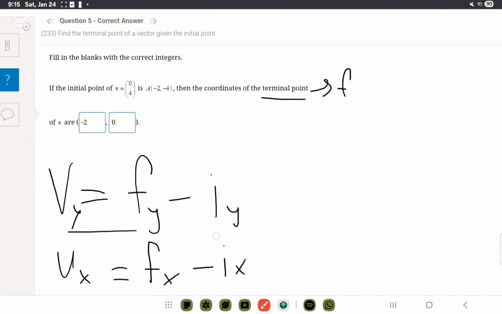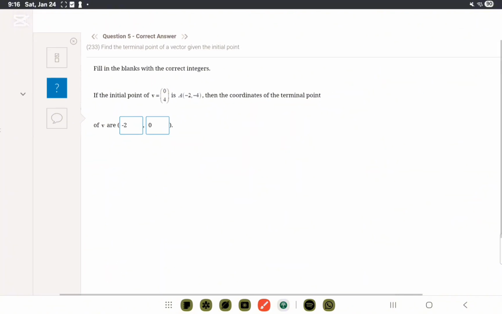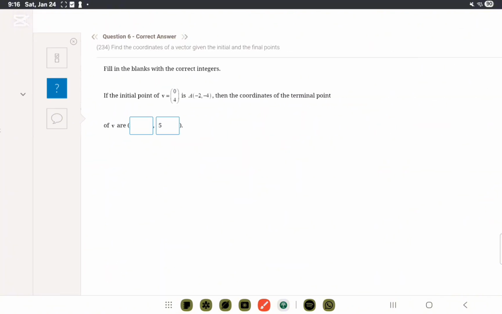So Vy, which is here, is 4, equal to our final y minus the initial point, which is minus 4. On my calculator, 4 is equal to x minus 4, which is going to be 0. That's it. Vectors are pretty easy, you just need to get the hang of it.